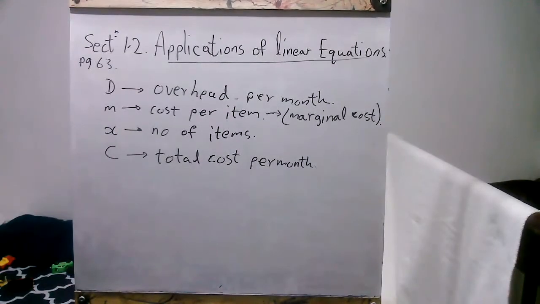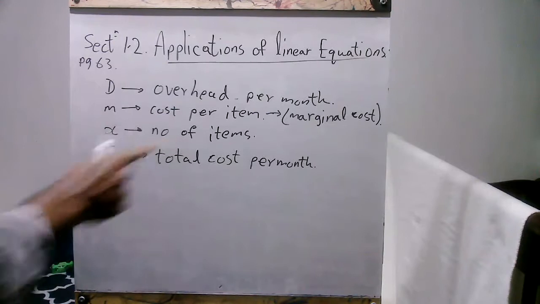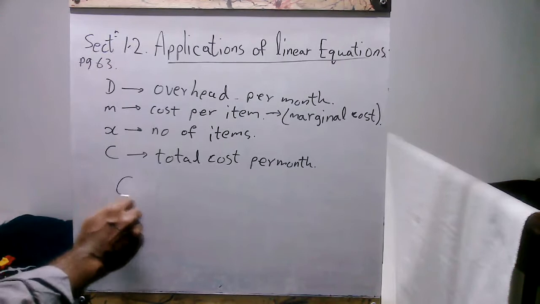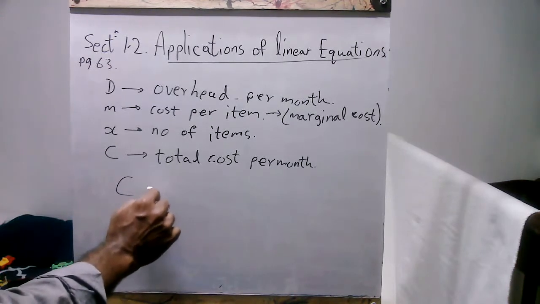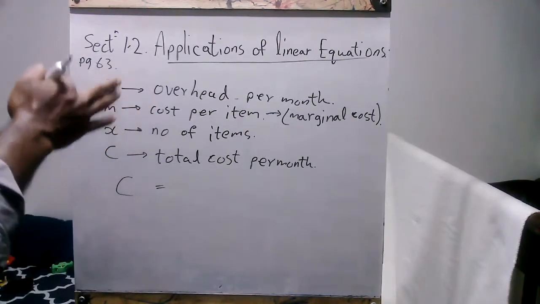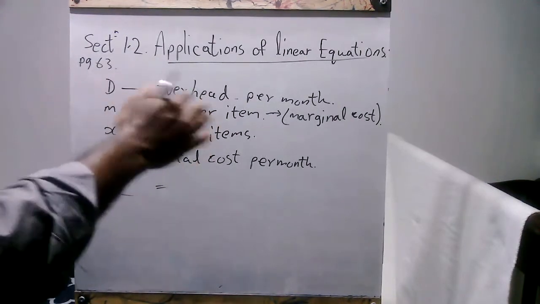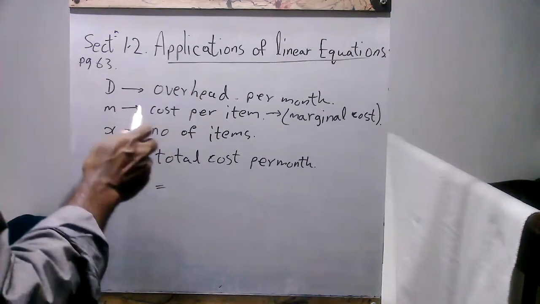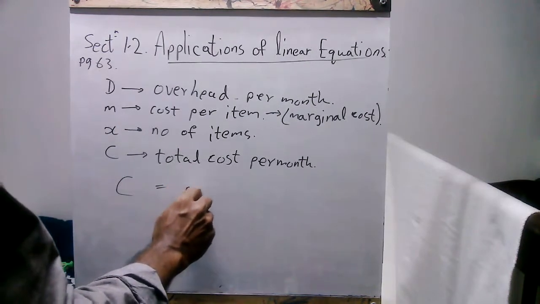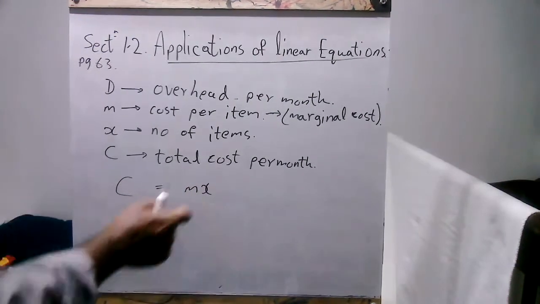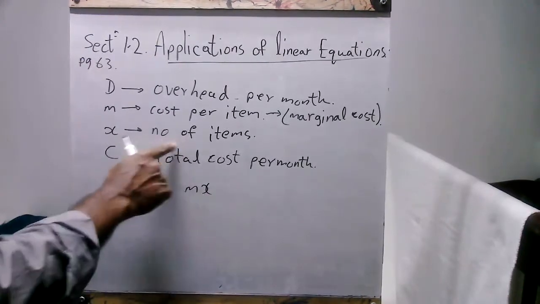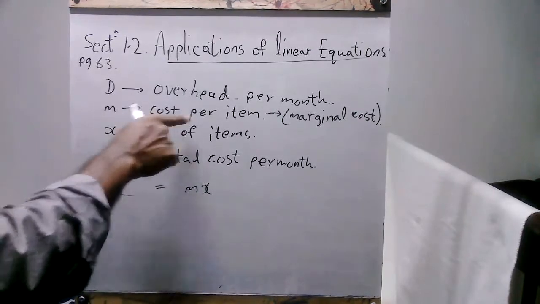Okay. Then this is how we calculate total cost. C, total cost, first of all consists of, if you know the cost per item and the number of items producing, cost per x number of items, we can say it is m times x. This gives us the cost to produce x number of items. X is the number of items, m is cost per item.